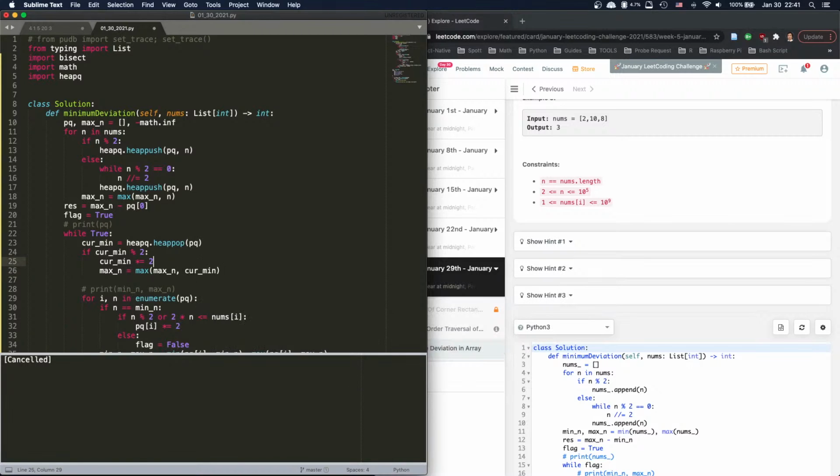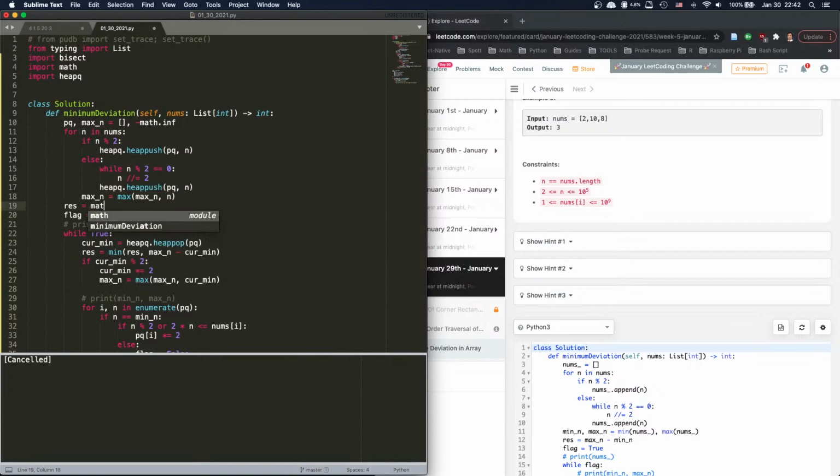So let's update max. So when current min comes out, the result equals current max minus current min. That means we actually can do this to the max value, right? So it's infinite. Then find the min value. So we pop out. So this is the current range.